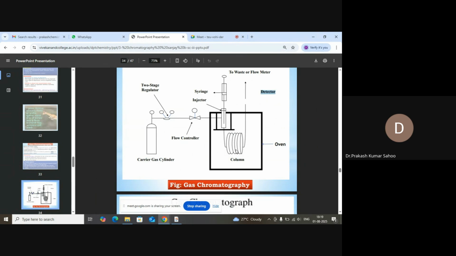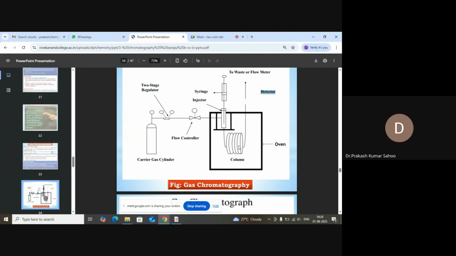So this is a very simple phenomenon where just remember a carrier gas cylinder is used which generates the pressure, and this chamber, which is an oven whose temperature is high, converts the sample to vapor state, and the sample vapors are passed through this column, by which different components get separated on the basis of their interaction with the stationary phase.